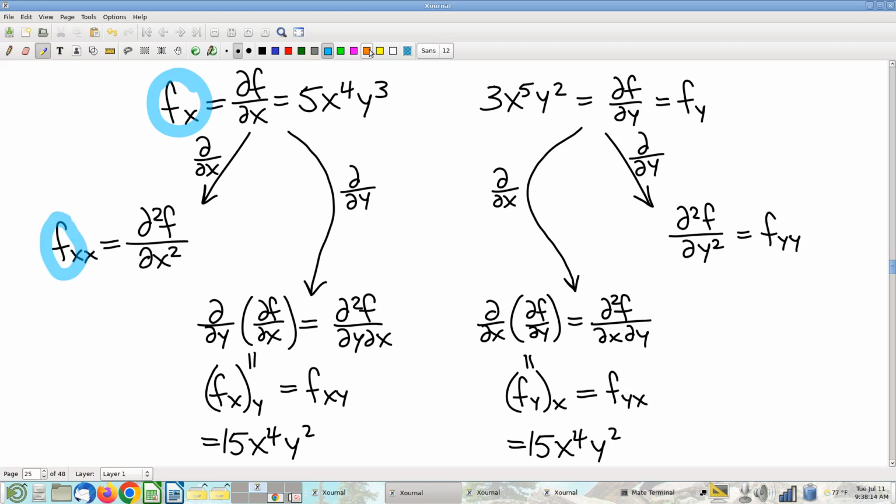Now the act then of taking the x partial of that, if I again use a subscript to indicate the act of taking the x partial, notice that gives me overall this notation for a second partial with respect to x.